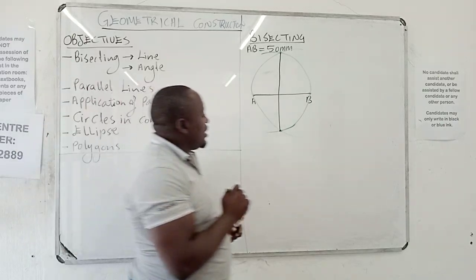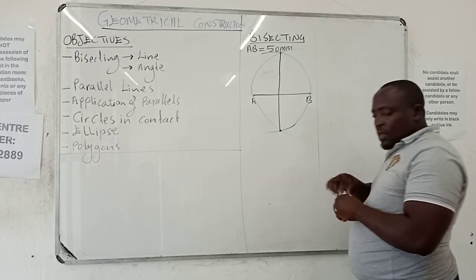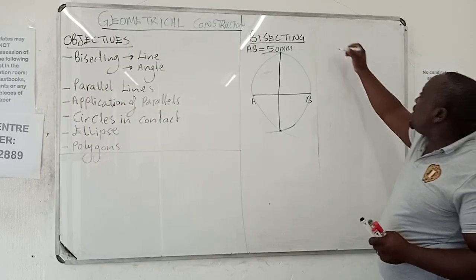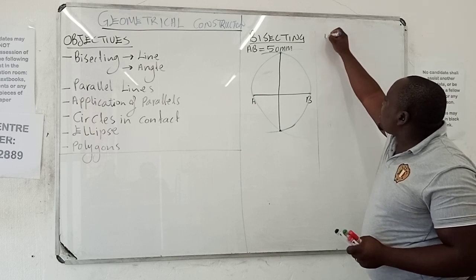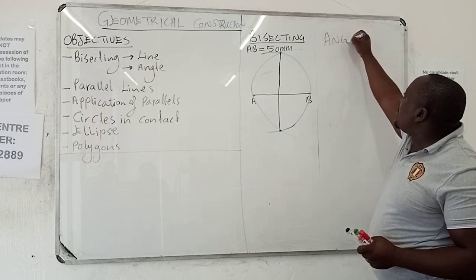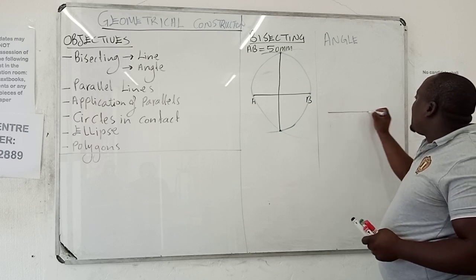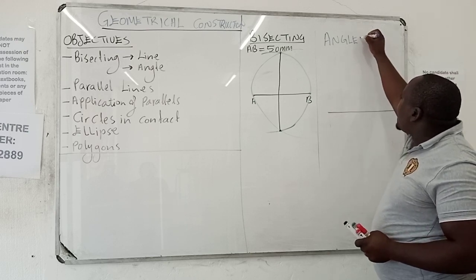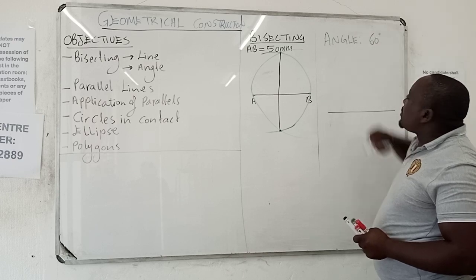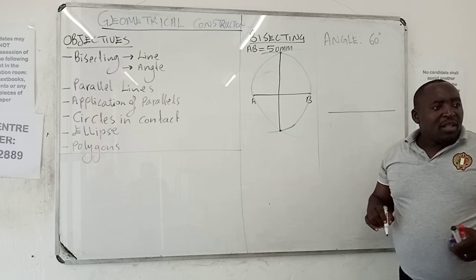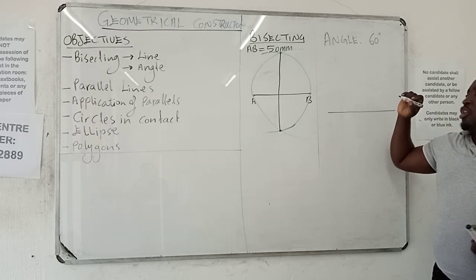Let's look at bisecting of an angle. So this is an angle. Let's say you have a line and they say draw an angle of 60 degrees, then bisect the angle.